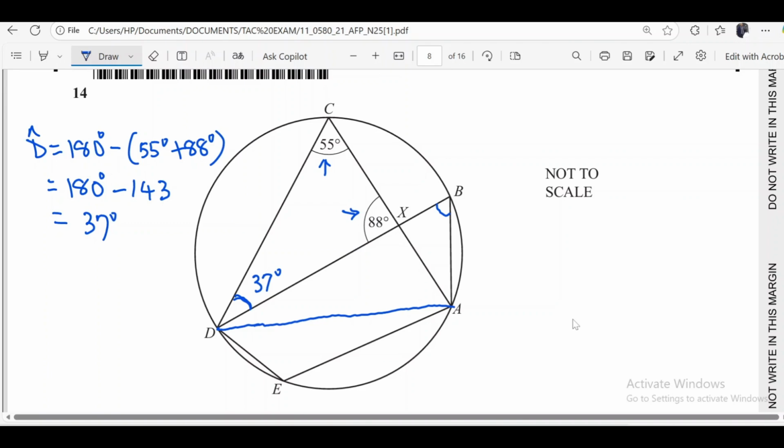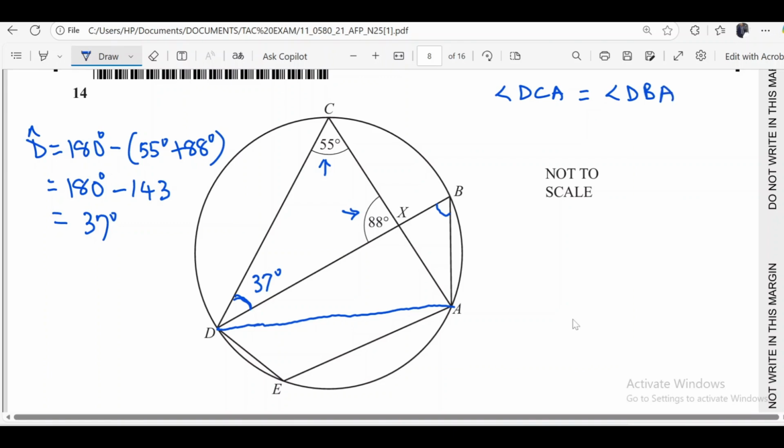With this, we can see that angle DCA is going to be equal to angle DBA. All right, that's angle in the same segment.